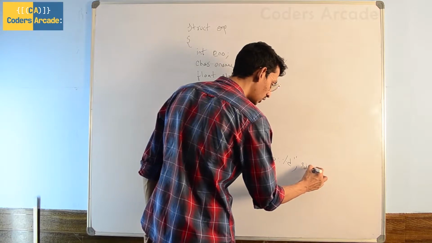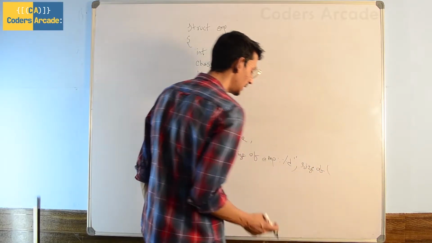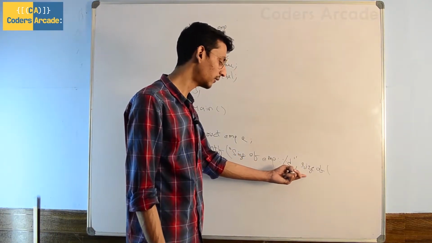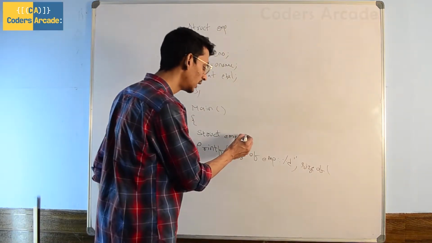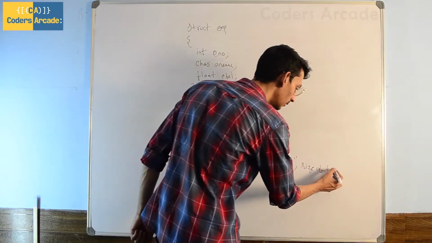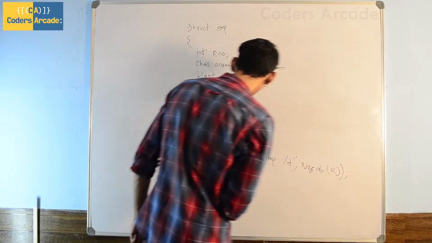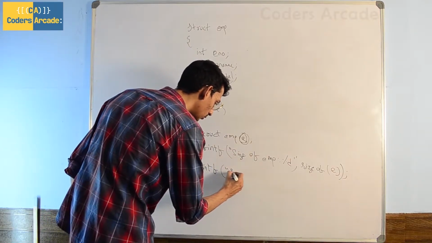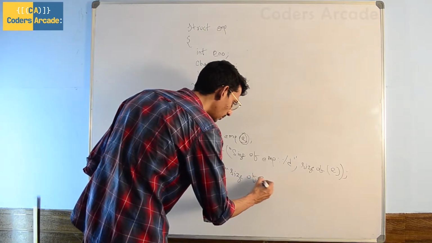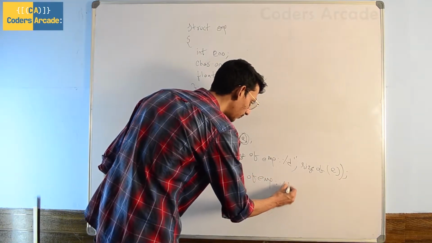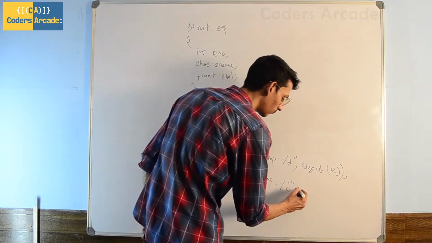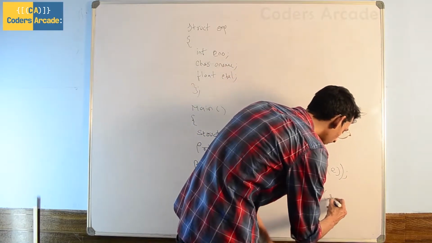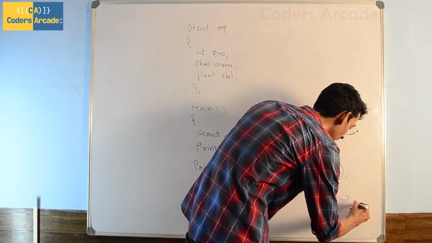We're going to use the function sizeof. Inside this function, we can either use our internal pointer variable E, or struct employee, a user-defined data type.